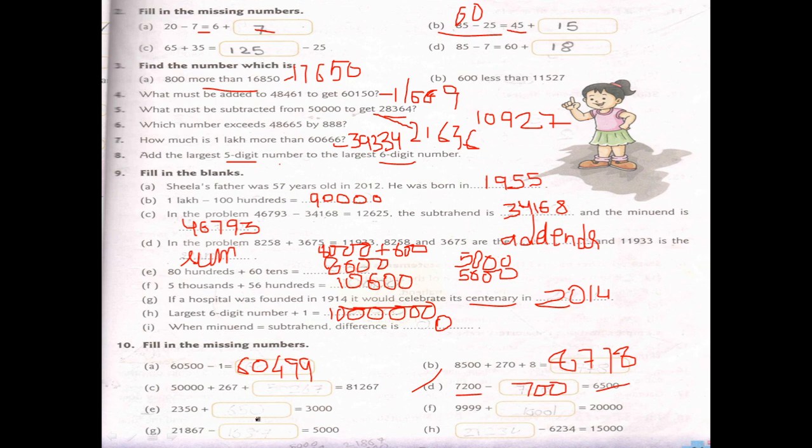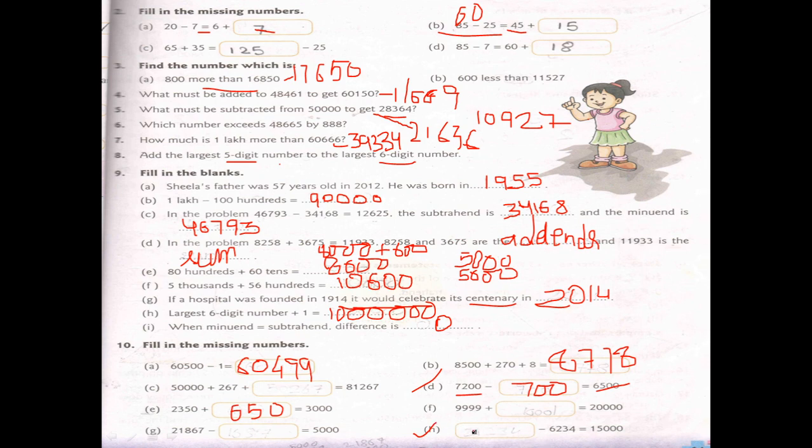In that type of question, what you have to do, you are subtracting the given addend from the sum. So 3,000 minus 2,350, that one is equal to 650.